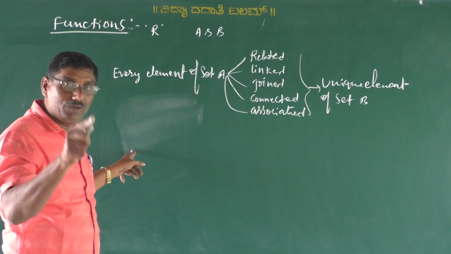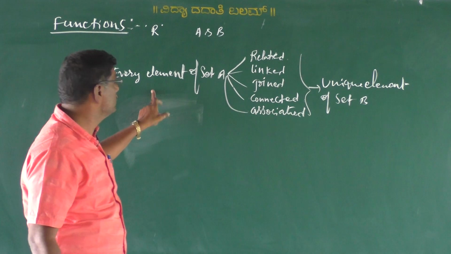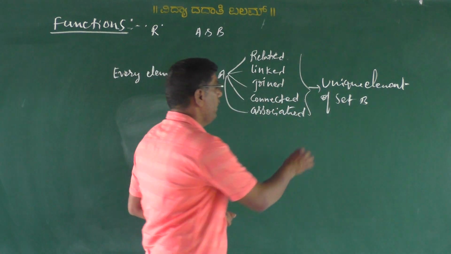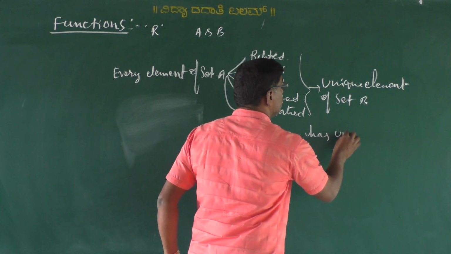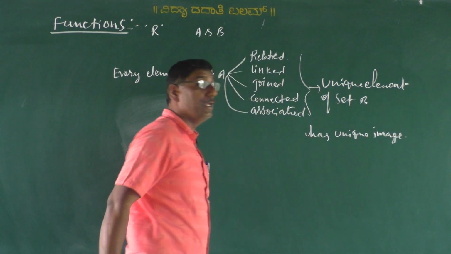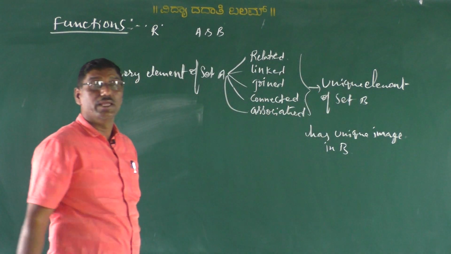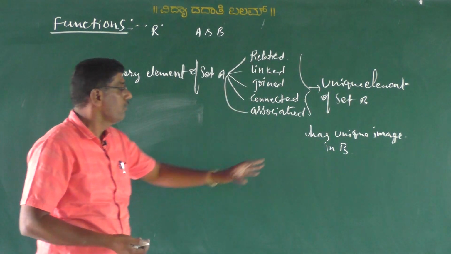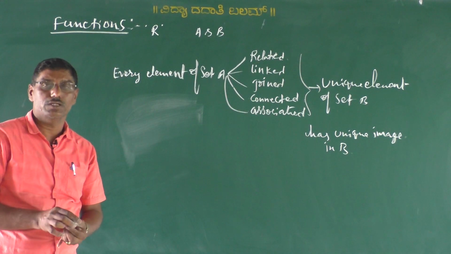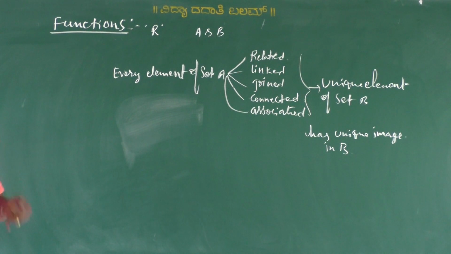In the same way, here also we can define that every element of set A has a unique image in B. This is also a way we can define the function. Are you understood, all of you? That is the definition of a function.